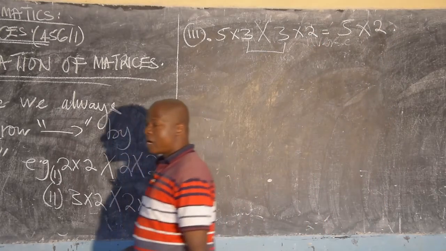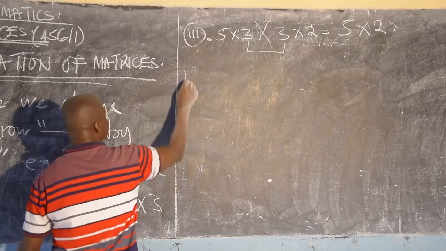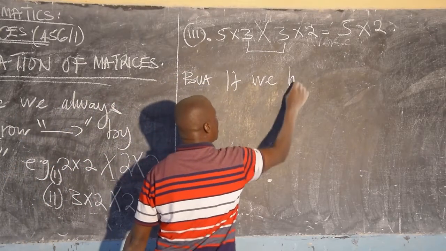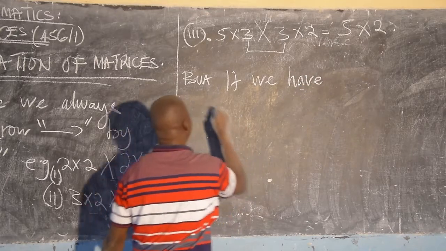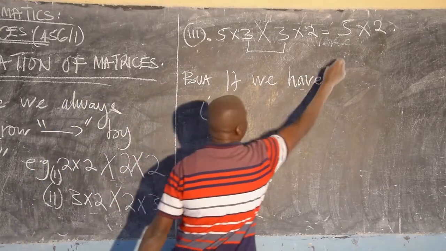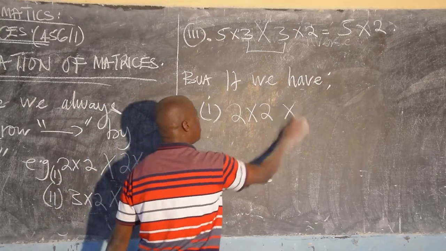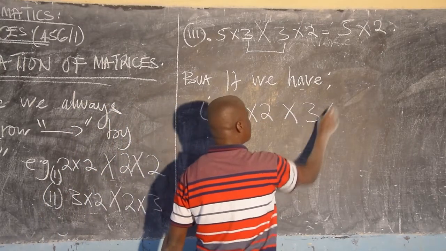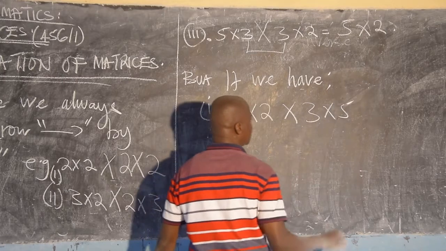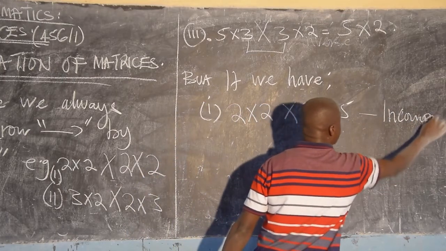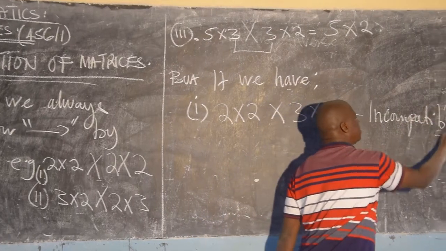But if we have, let me say, a 2 by 2 times a 3 by 5, this is incompatible.